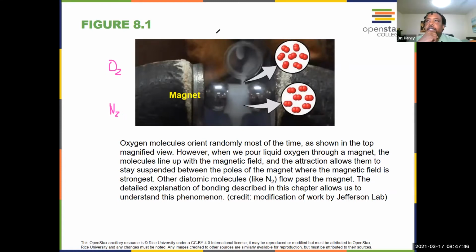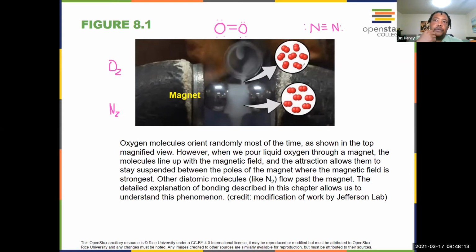And if we drew those structures, we know that the oxygen has how many bonds? Two. And then we know the nitrogen has a triple bond.